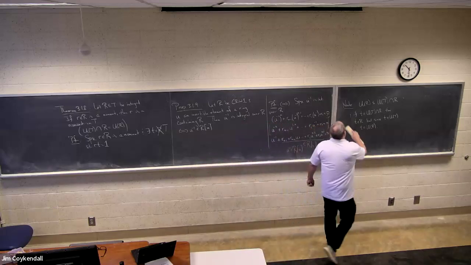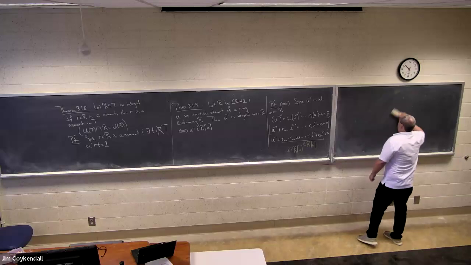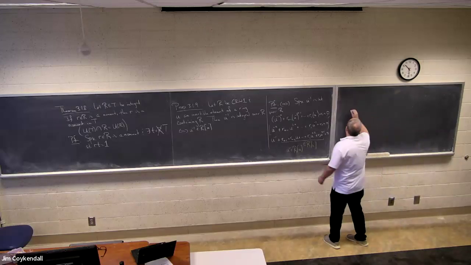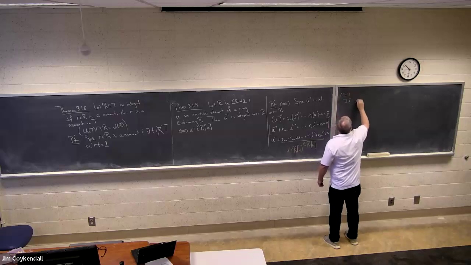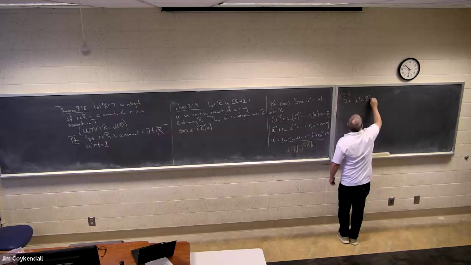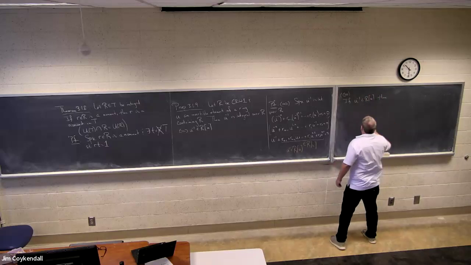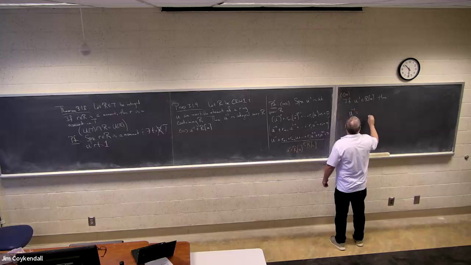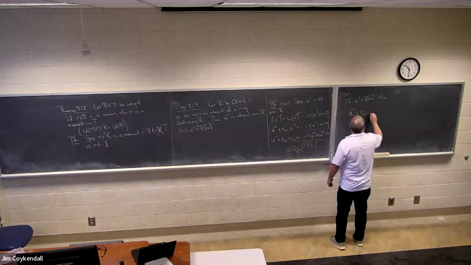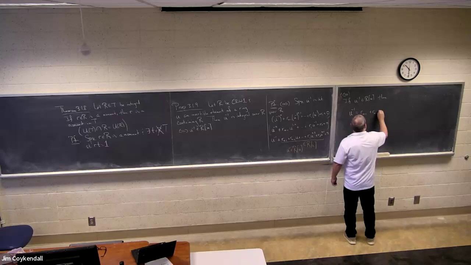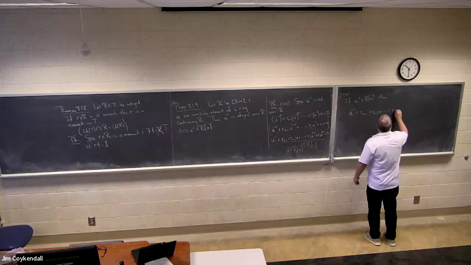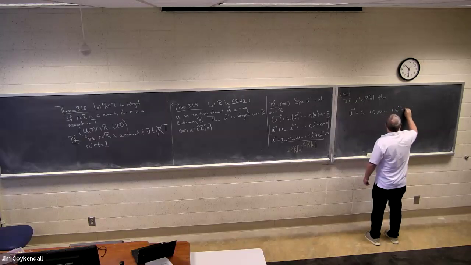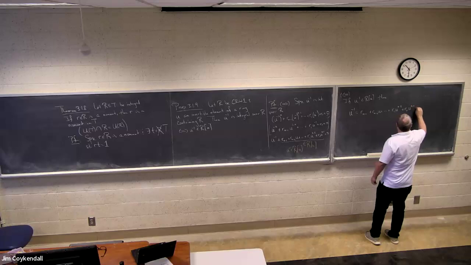Conversely, if u inverse is in R[u], then u inverse is equal to, let's say, r_{n-1} plus r_{n-2} u plus r_1 u^{n-2} plus r_0 u^{n-1}.